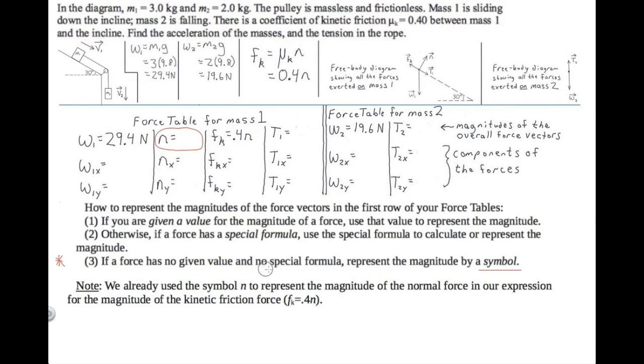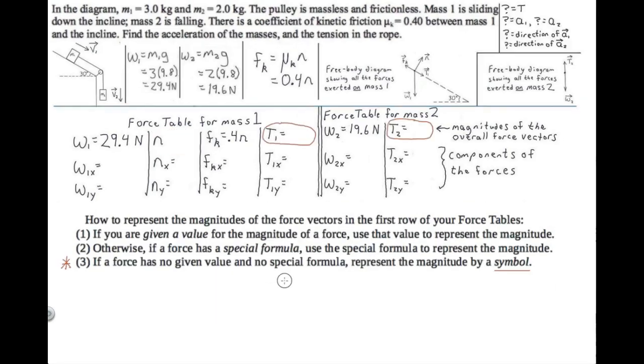There is no special formula for the magnitude of the normal force, so we will represent the unknown magnitude of the normal force with the symbol n, written without an arrow on top. There's no special formula for the magnitude of the tension force, so we will represent the unknown magnitude of the tension force with a symbol.